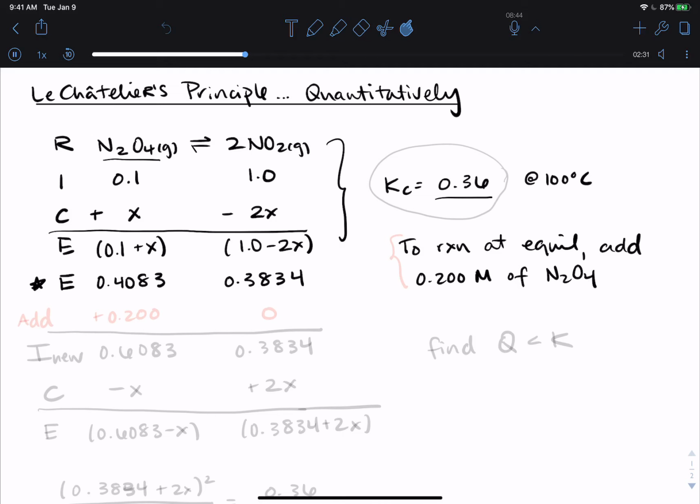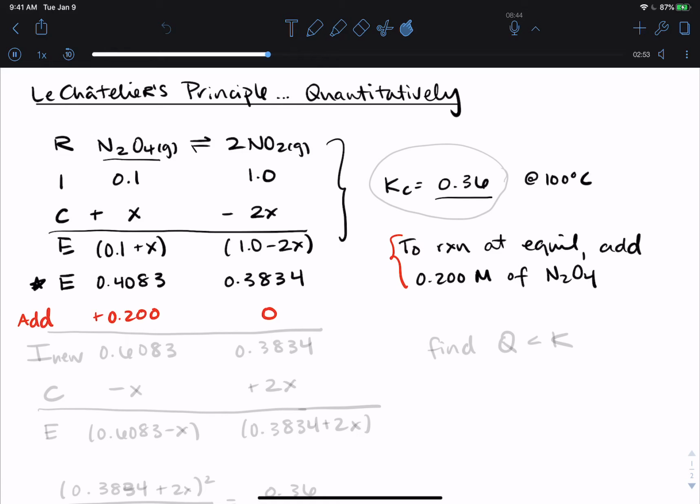So I have a set of equilibrium conditions right here. I am going to do this addition that's described right here. I'm going to add 0.2 to the concentration of the N2O4. I'm not going to add anything to the NO2 because it's not listed in the problem.